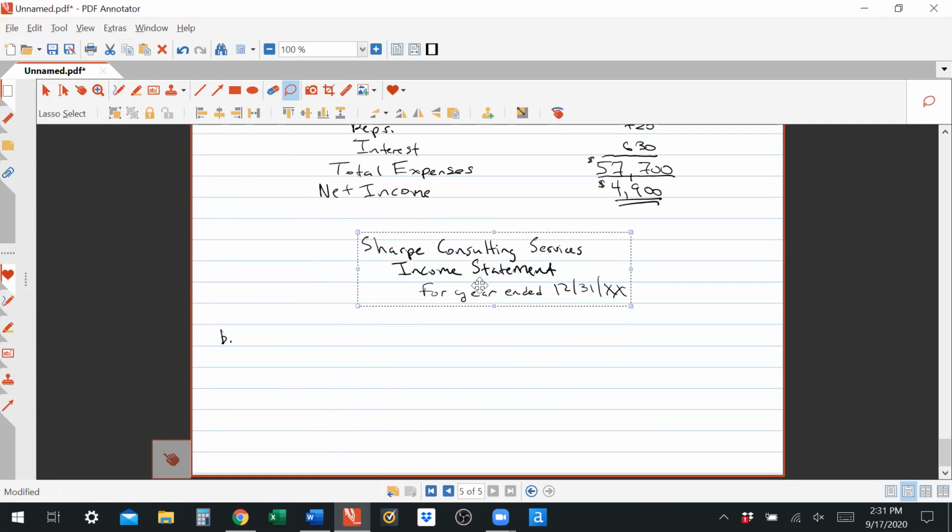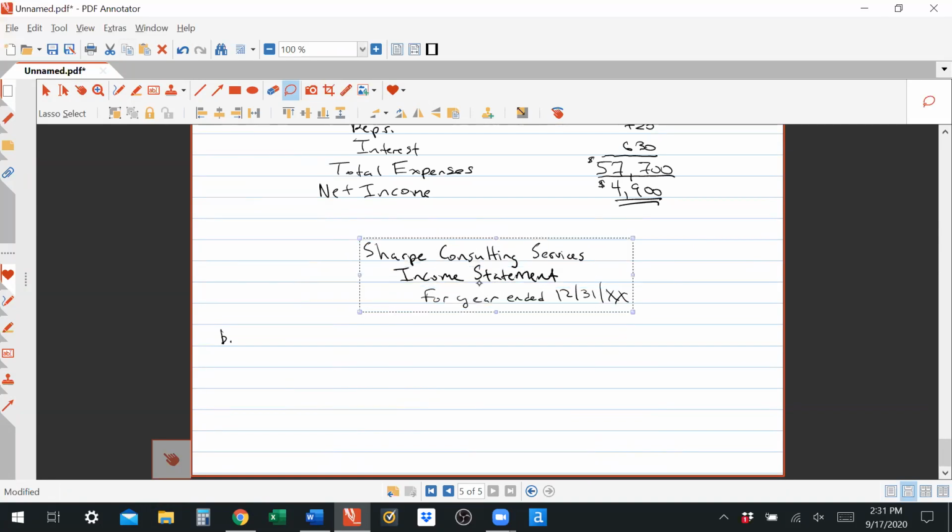Maybe put it right here, give myself some more room. Maybe move this up a little bit so I have room to finish it. And then we got to change this to say the statement of stockholders' equity.